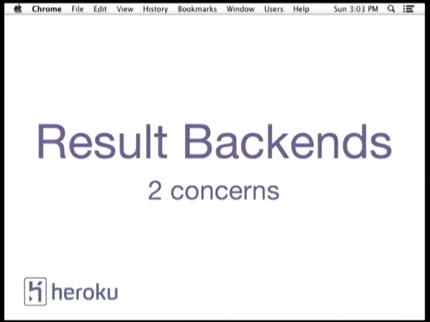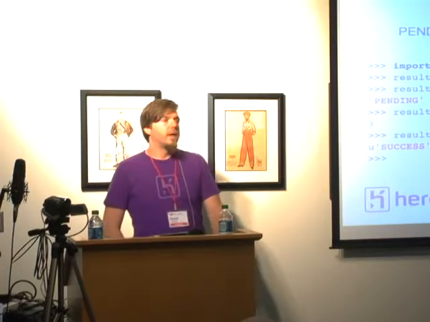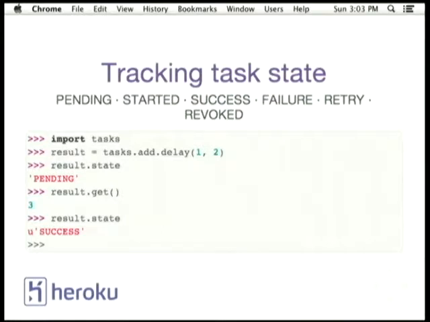A lot of people focus on their choice for the Celery broker, but they overlook the result backend as an architectural choice. The result backend is really important for these workflows, so it's worth taking some time to talk about what it does and which one you should choose. First of all, the result backend is in charge of tracking task state.